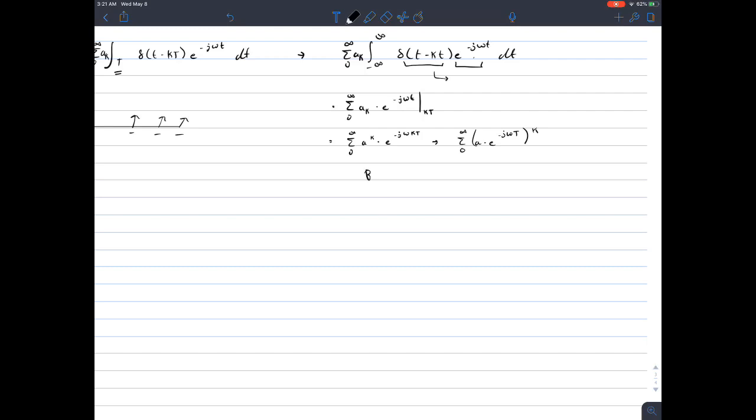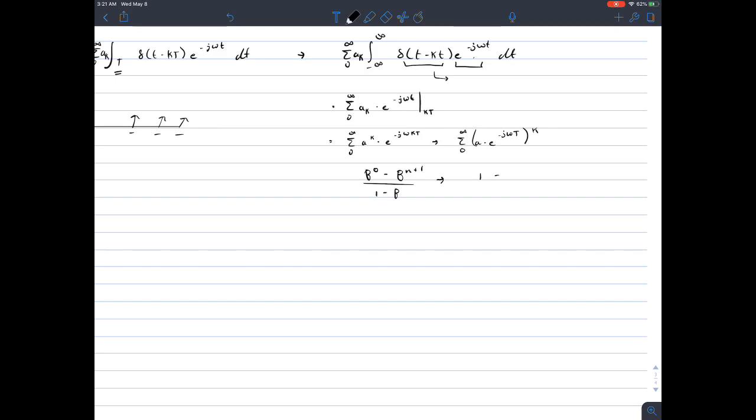With your geometric series formula, b to the 0 minus b to the n plus 1 over 1 minus b, e to the 0 is going to be 1, and then e to the negative infinity, because we're going from 0 to infinity, so n plus 1, infinity plus 1, is still infinity.